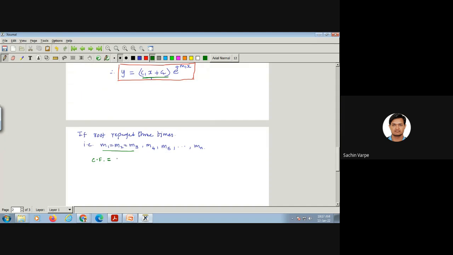I'll have to start with c1 x square plus c2 x plus c3, the whole times e to the power m1x, and the rest is for non-repeated roots. For non-repeated roots we know how to write: c4 e to the power m4x plus c5 e to the power m5x plus and so on, cn e to the power mnx.